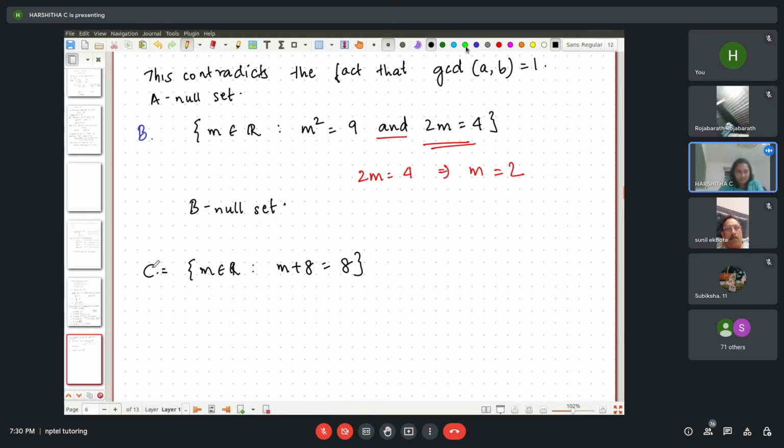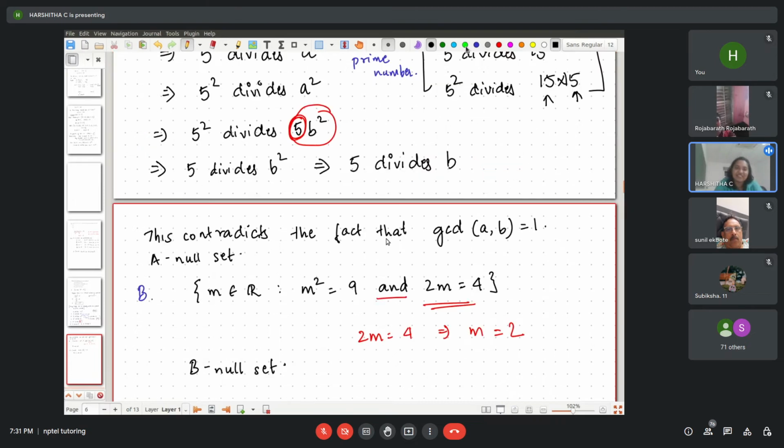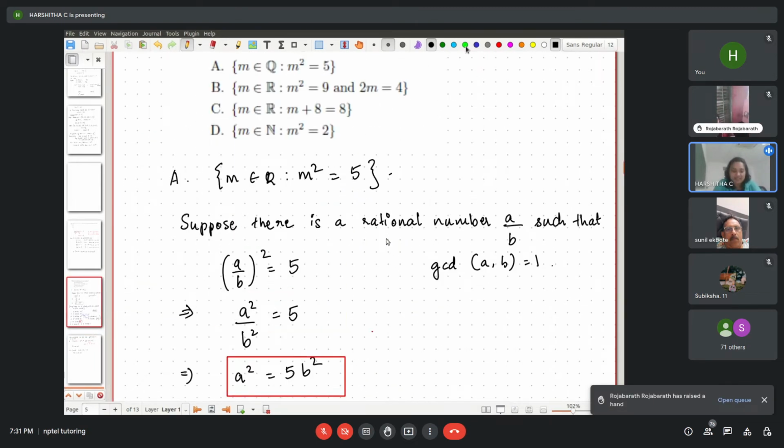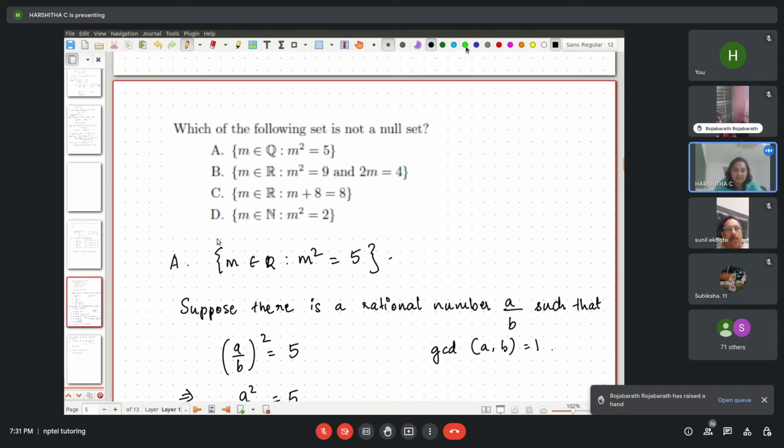Option C definitely contains 0, so it is non-empty. It's not a null set. So we have already found a set which is not a null set. Just verify that the last one is a null set.